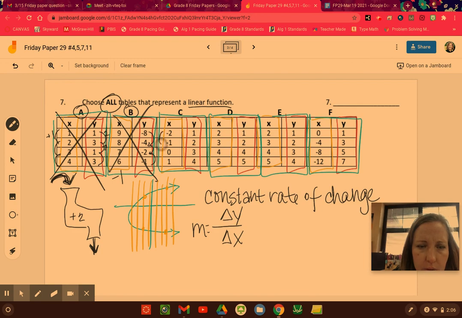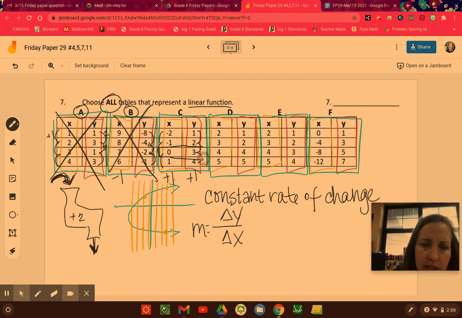Now let's look at C. Negative 2 to negative 1, plus 1. Negative 1 to 0, plus 1. So far, those are all plus 1. What's 1 to 2, 2 to 3, 3 to 4? Those are all plus 1. So the rate of change would be 1 over 1, meaning it has a slope of 1, right? And what's the y-intercept, by the way?